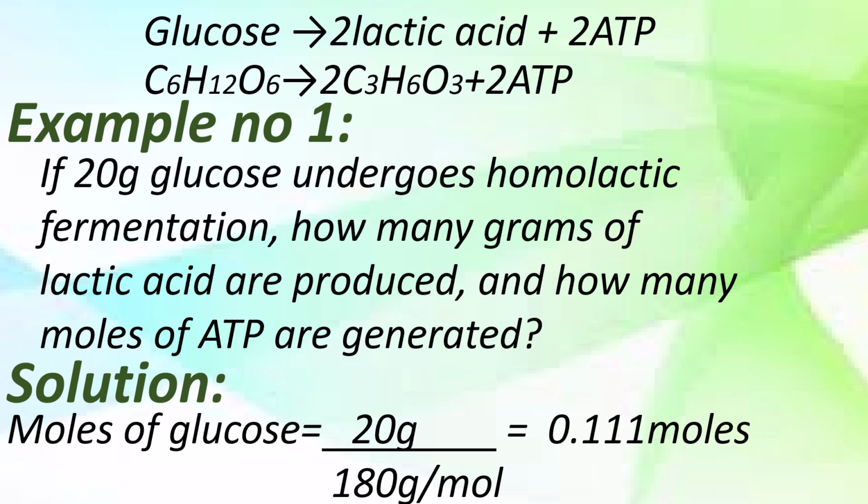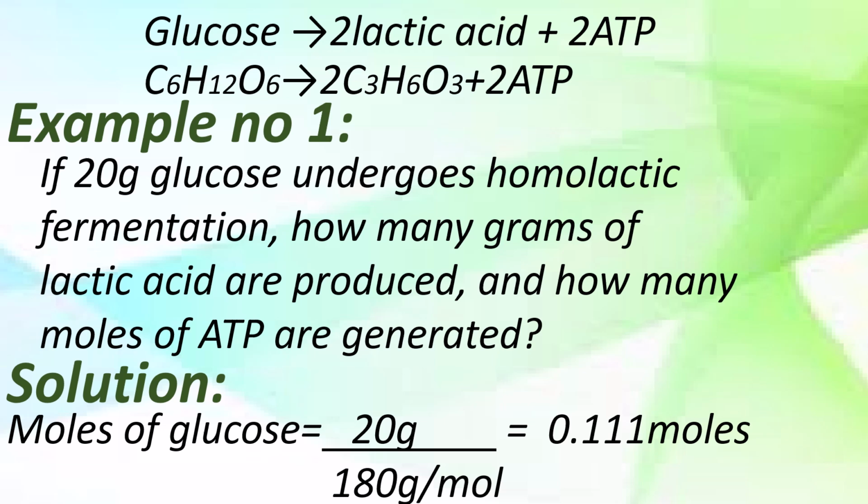Now, this is the equation for homolactic fermentation. Glucose is converted into two molecules of lactic acid plus 2 ATP, that is the energy molecule adenosine triphosphate, consisting of adenine base, ribose sugar and phosphate groups.